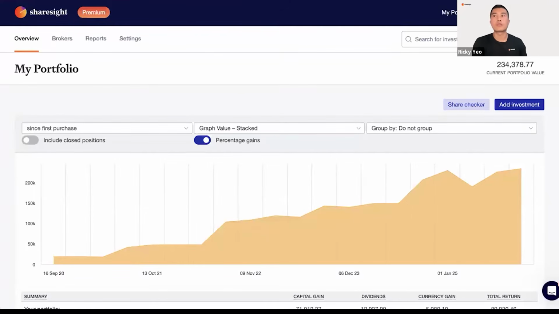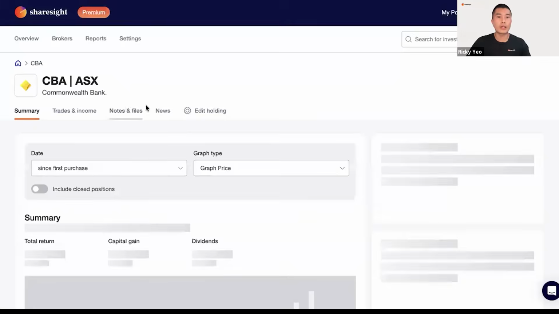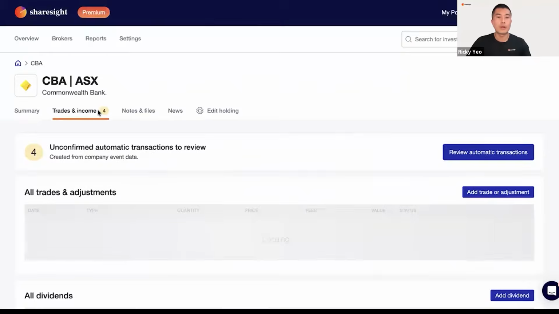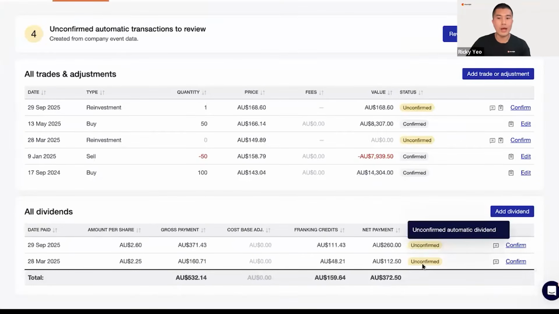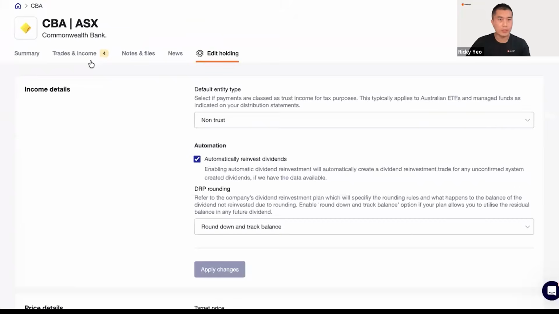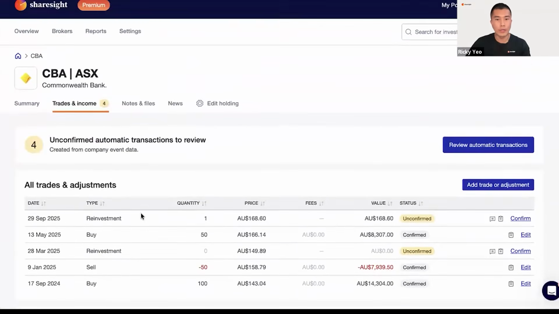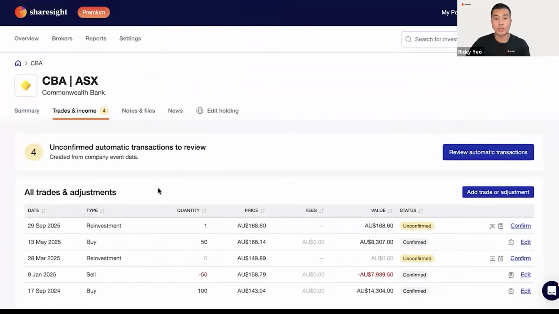Okay, so the question is, can reinvestment be applied from a certain date, or is it applied to all historical dividends? When you turn on the auto DRPs, it will apply indefinitely, so it will apply to all. This is in the context that if your dividends are not confirmed and then you turn on the auto DRPs, it's going to apply to all your previous dividends as well as all the ongoing dividends.